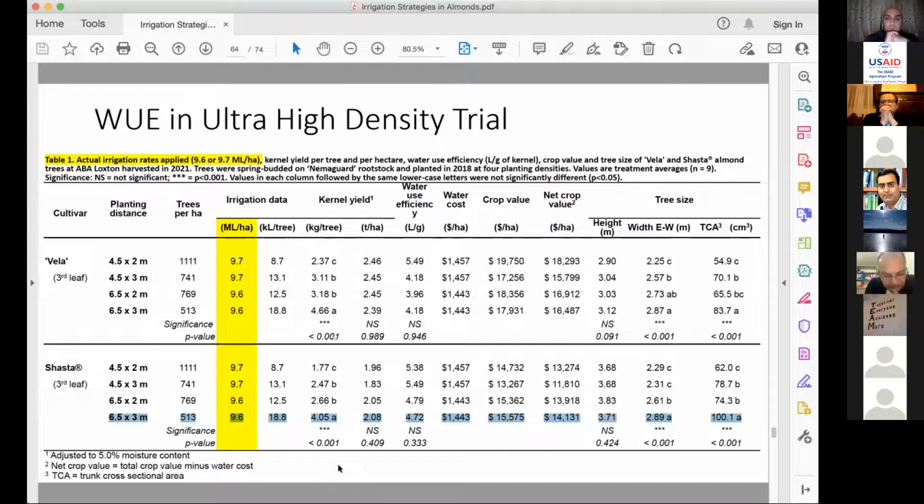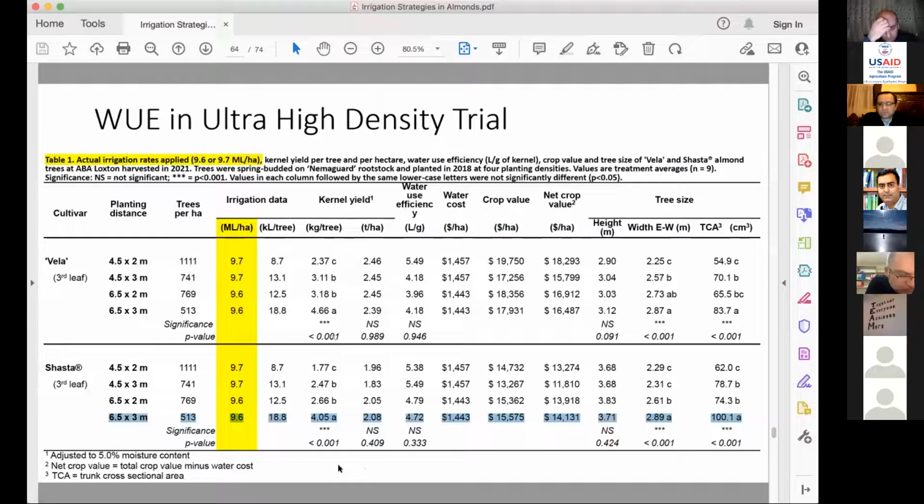For example, if you have a vigorous rootstock and a vigorous variety, the tree grows really tall and big, the canopy size is big, that is what is going to affect your water demand for the orchard, okay?